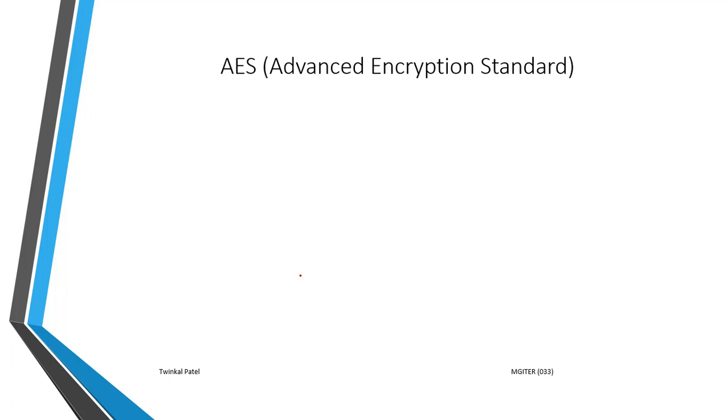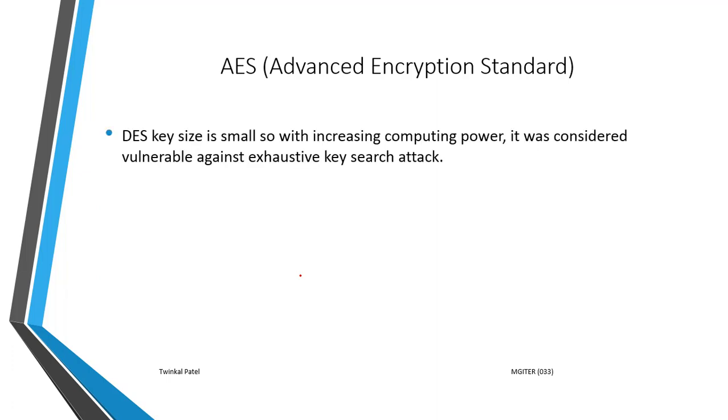So first of all, AES stands for Advanced Encryption Standard. In the previous video, we have discussed that DES is a data encryption standard and which has a key size of 64 bit, which is considered as small because of increasing computing power. It was considered vulnerable against an exhaustive key search attack.